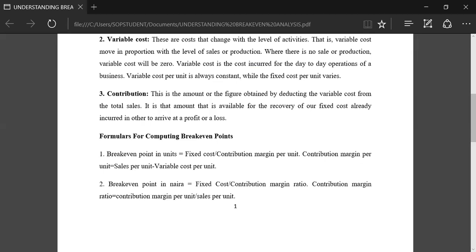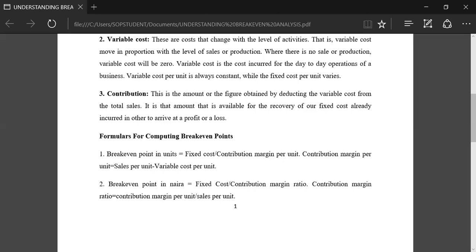So depending on the number of goods produced, for example, 10,000 units were produced at 5 naira. That gives us 50,000 naira variable cost. And they were sold at 8 naira per unit. That gives us 80,000 naira total sales. So 80,000 minus 50,000 gives us a contribution of 30,000.